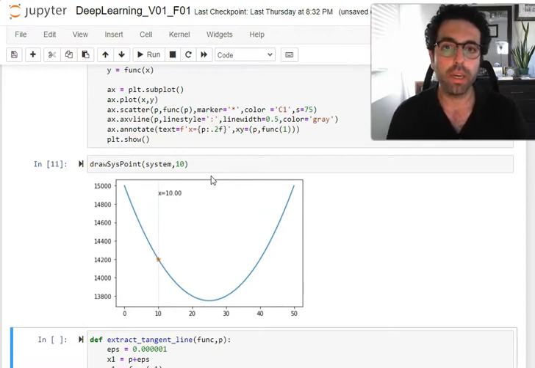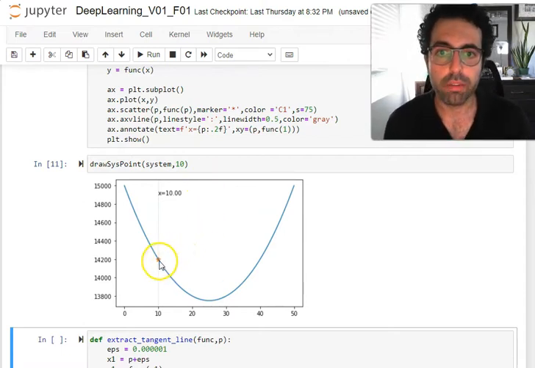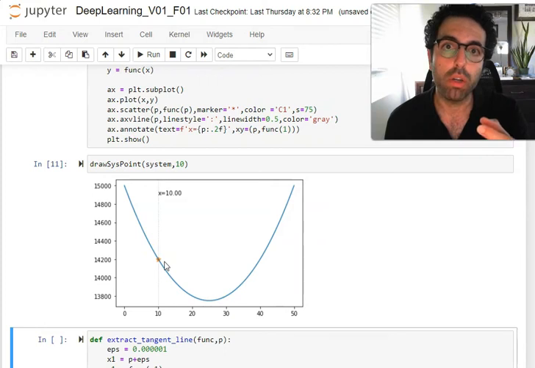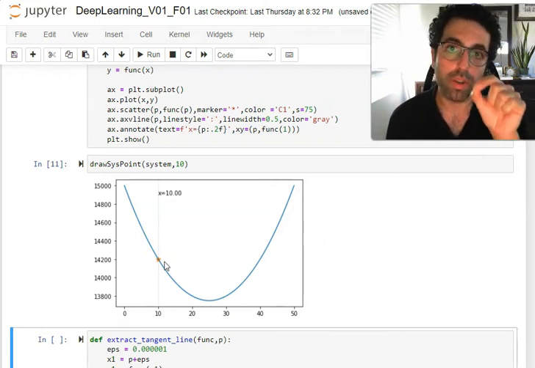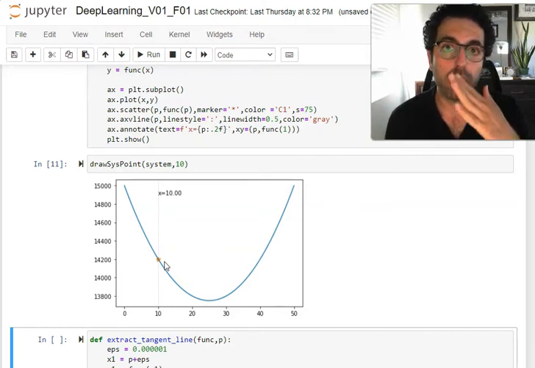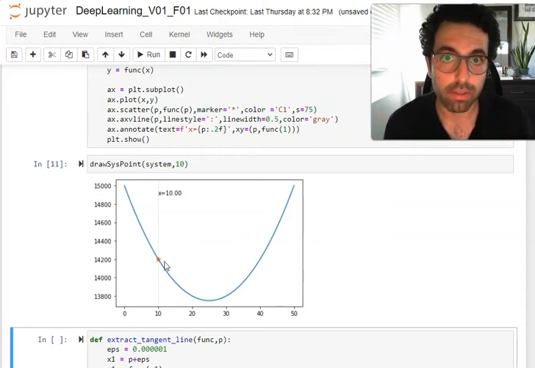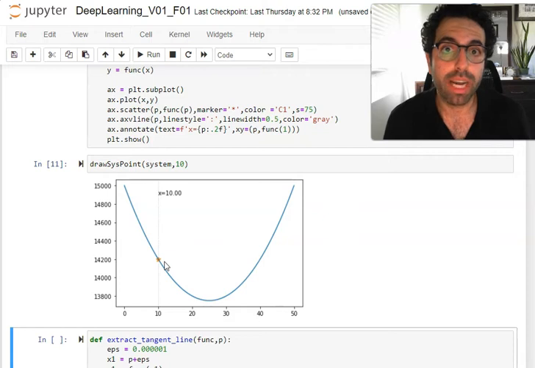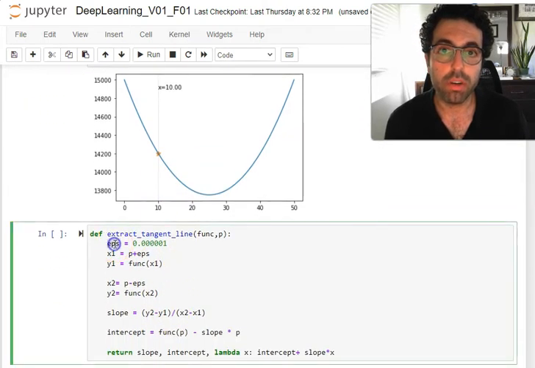Now here, this point, right? Based on this point, we can calculate a local slope based on where this point is, right? We can calculate that local slope and the tangent line with a very simple calculation, right? We can think of an epsilon, a very, very small number, right?